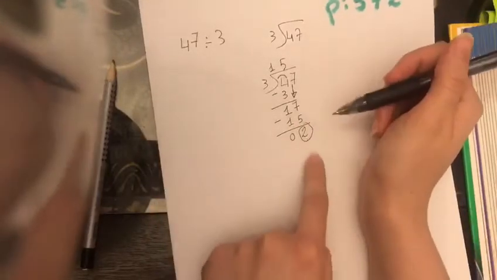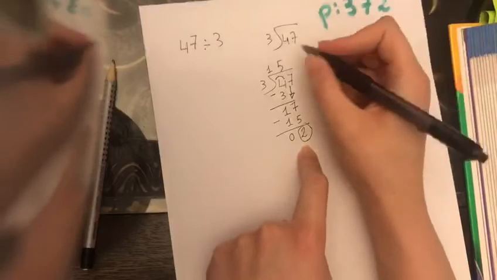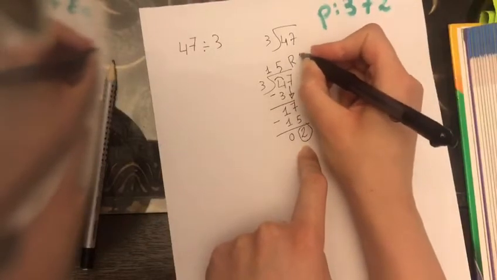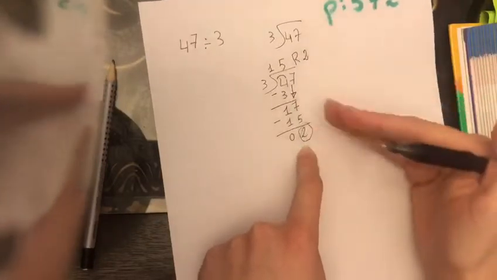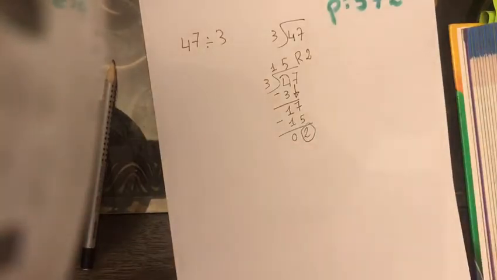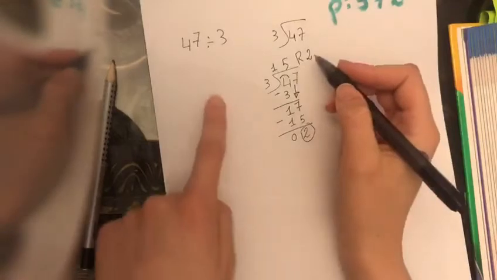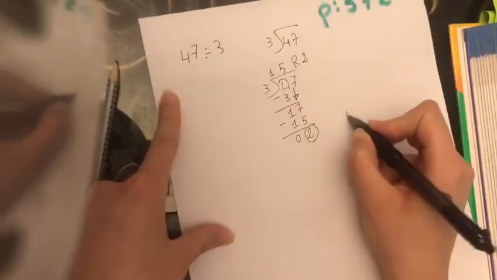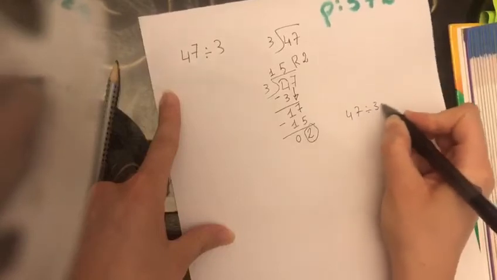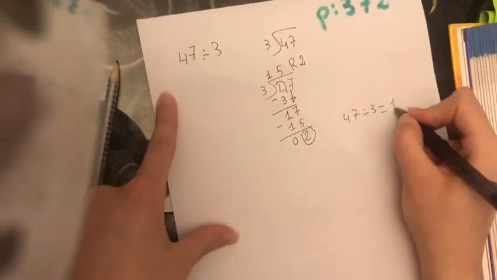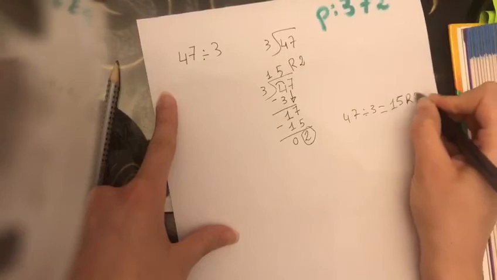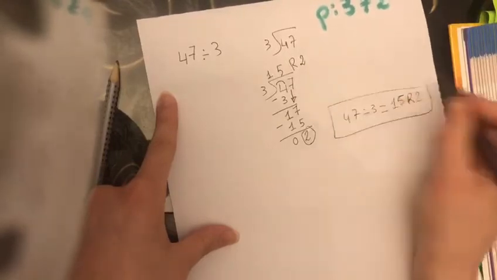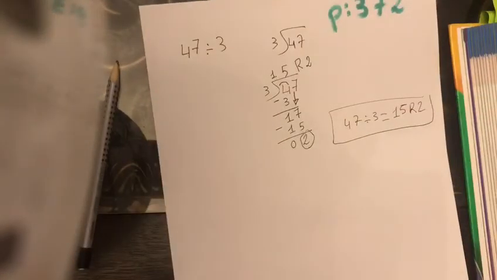But for now, we say remainder 2, which is like a leftover. Basically, here we don't have a happy face, we have a remainder. So the answer here, let's write it: 47 divided by 3 equals 15, remainder 2. This is the answer. Do you see it?